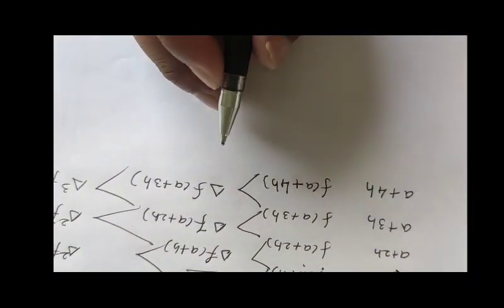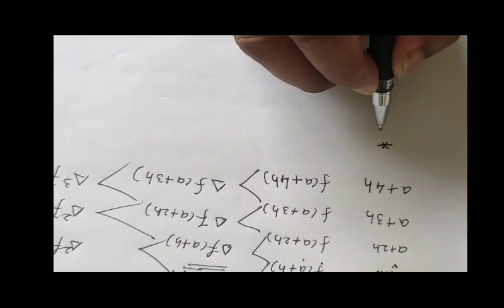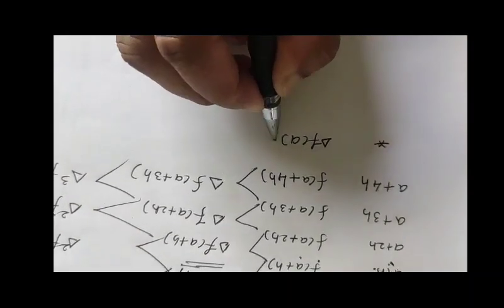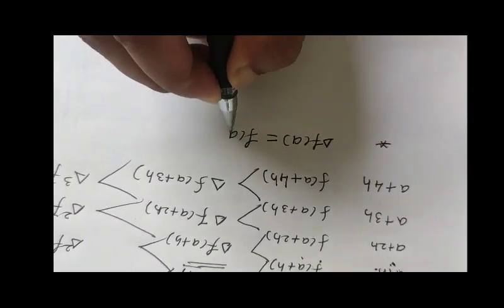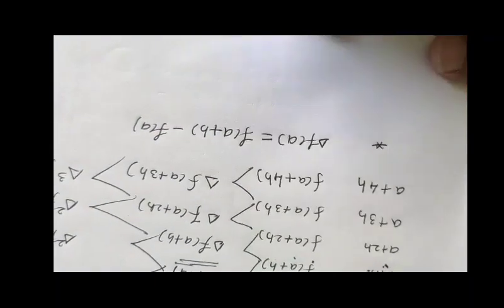So students, what things you have to remember. What is the first difference? Delta f of a is the difference f of a plus h minus f of a.